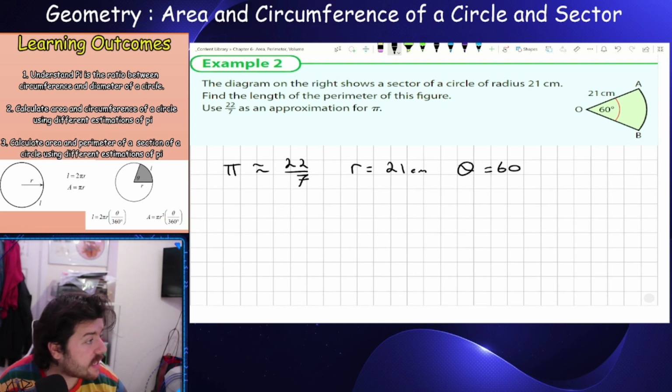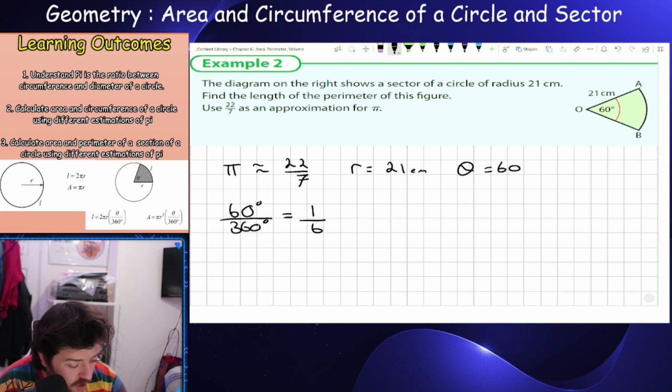So let's have a look at the circle. What fraction of a full circle does this slice represent? If I put 60 degrees all over 360 degrees, that is going to be 1/6. So this represents 1/6 of a circle. If I want to find the length of the curved part, I multiply that 1/6 by 2 pi r.